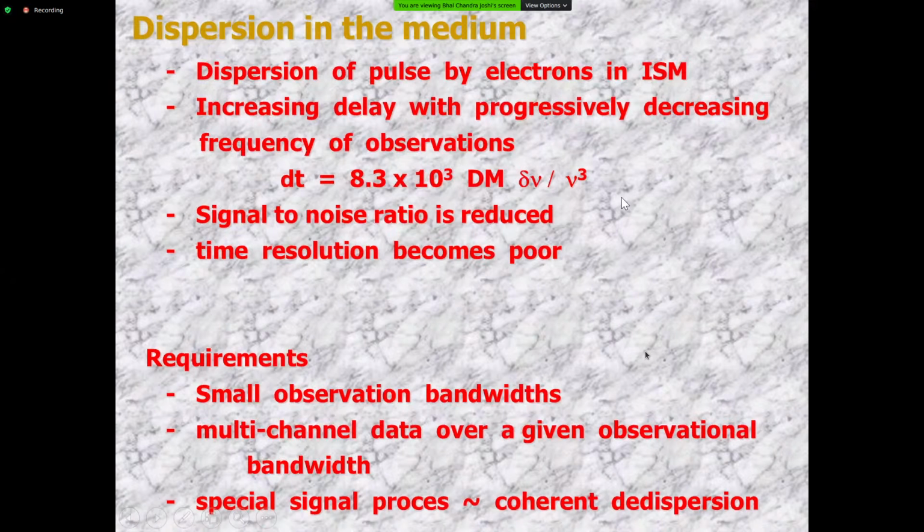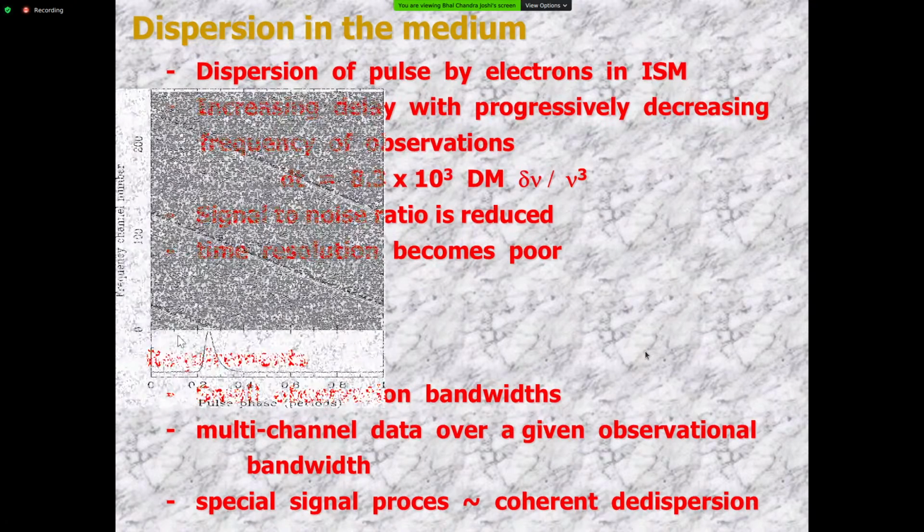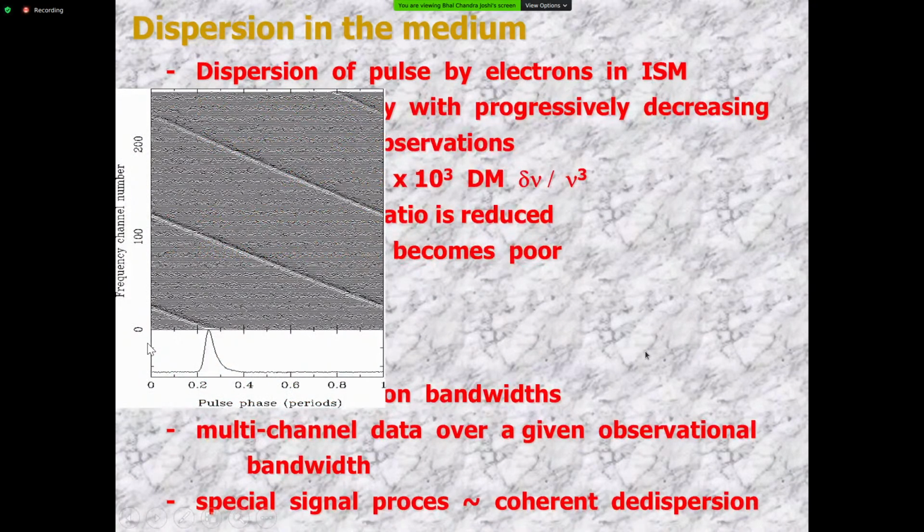Now, suppose your telescope is observing over a wide range of frequencies, let's say from 300 megahertz to a much larger range. Like in this particular case, there is a wide range of frequencies, about 400 megahertz at L band.